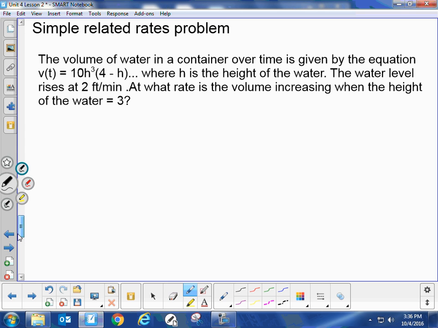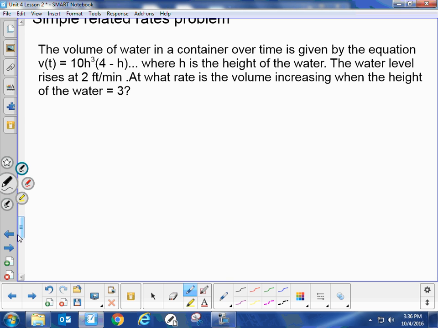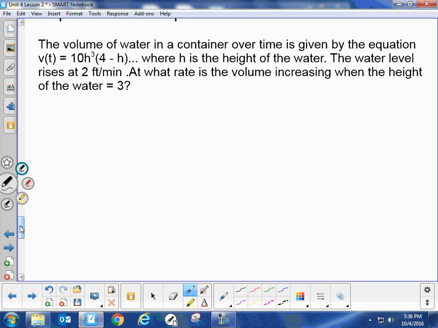Okay, let's do it. Let's start with the simpler ones. It is a word problem. However, we're given most of the information. Nothing's too complicated. We're just going to take the derivative, plug in some information, and then we'll have our answer. So stuff you need to write down is that the volume of the container is given by this. h is the height.